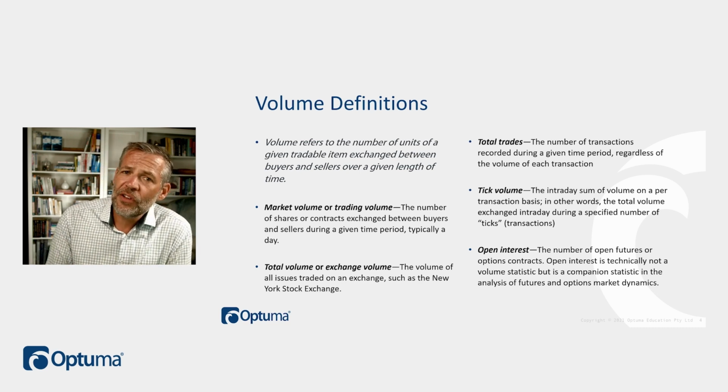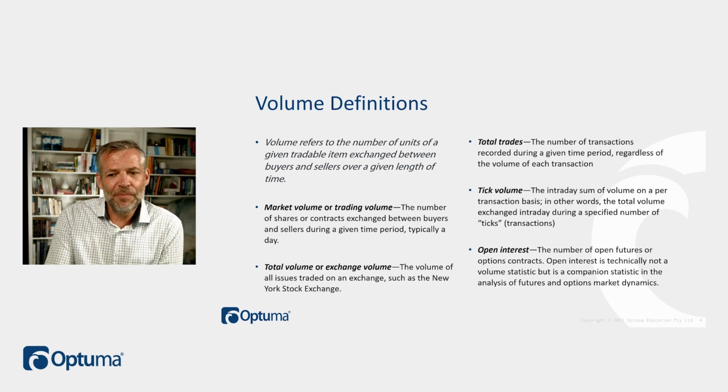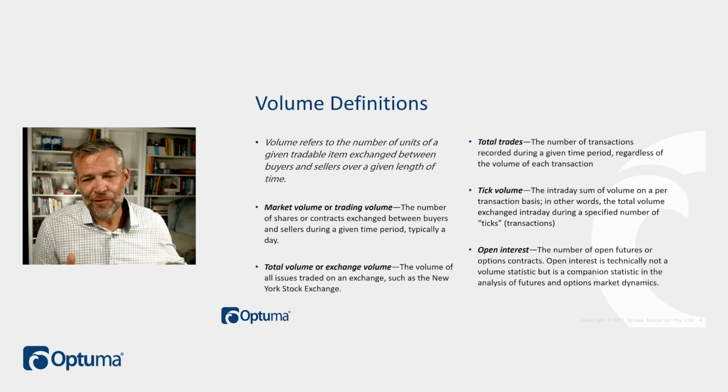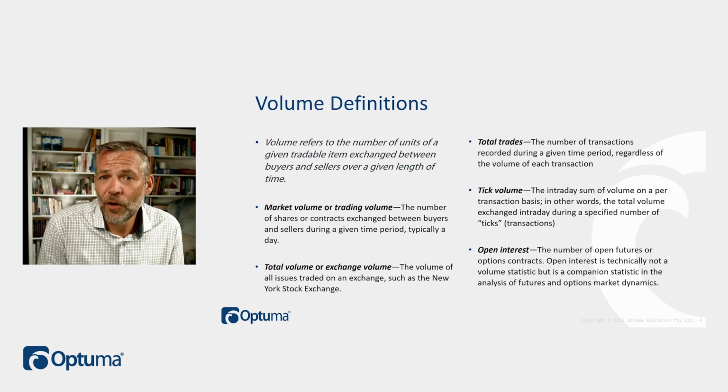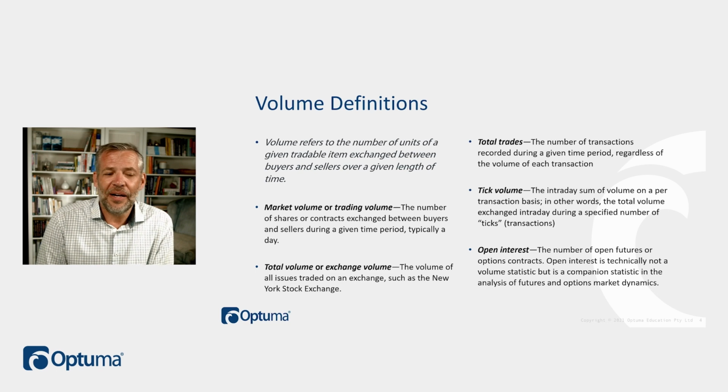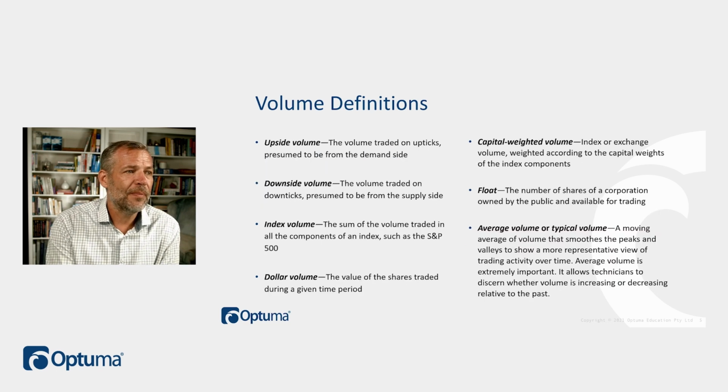And open interest is what's telling us how many contracts are still to be settled before the expiry. So if we get a week out from expiry and we see that there's tens of thousands of contracts to be settled, we know that there's going to be a lot of volume in the next 10 days. So that's where open interest comes in.